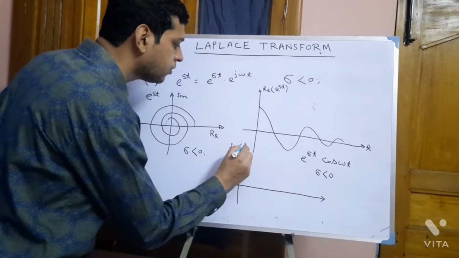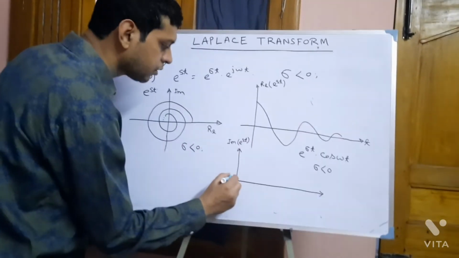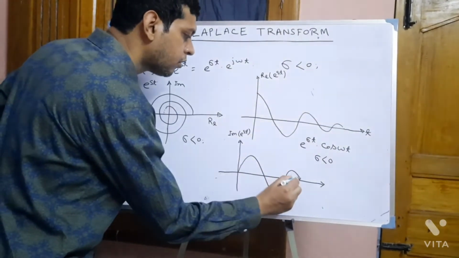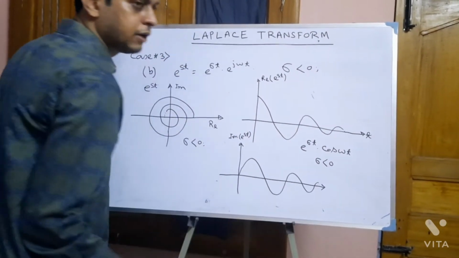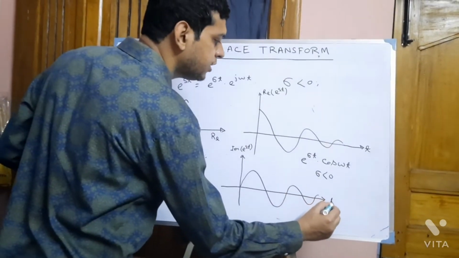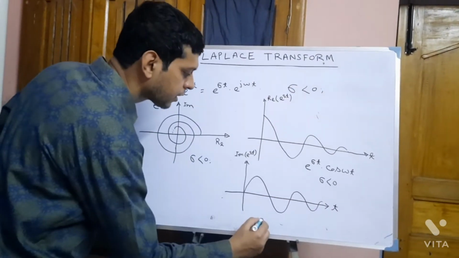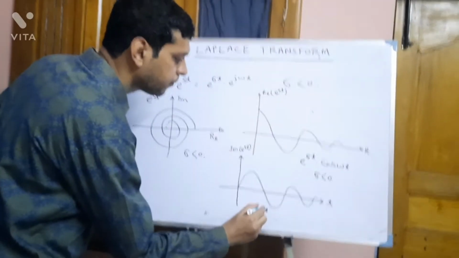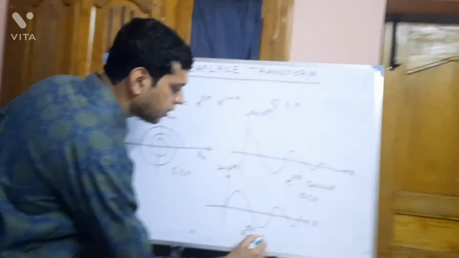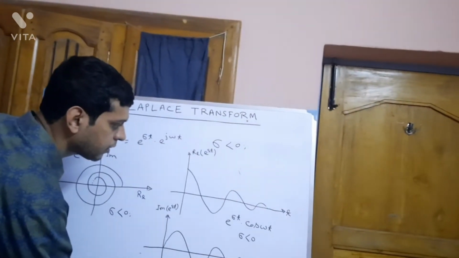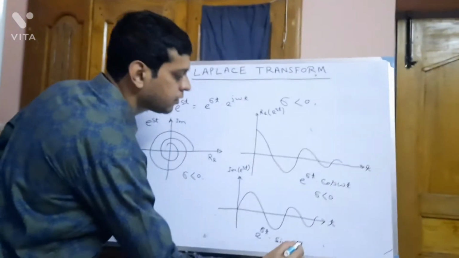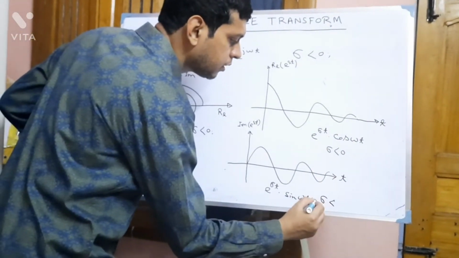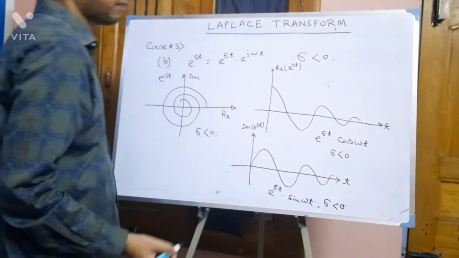The imaginary part of e to the power st is a damped sinusoid, where the magnitude of the sinusoid decreases with time, and this is the equation, e to the power sigma t sin omega t with sigma less than 0.